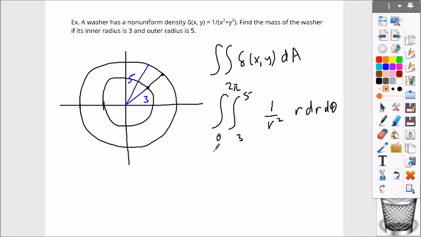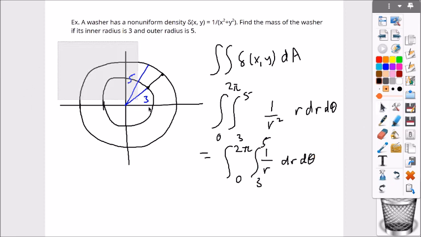So what will this give us? R times 1 over r squared is 1 over r, dr d theta, still from 3 to 5.